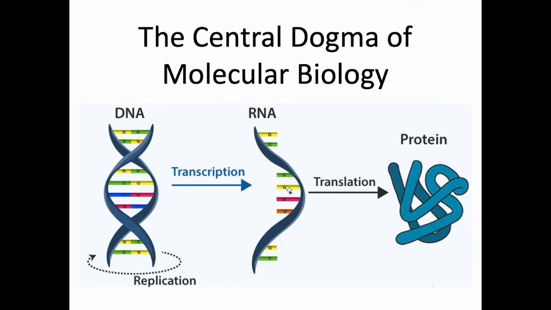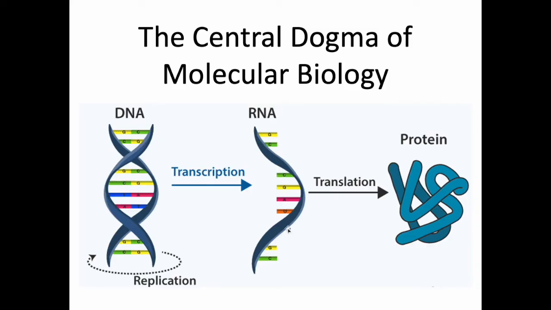This is the flow of information. We are using the information in this molecule as the instructions for how to build this molecule. And the same thing here. We're not morphing RNA into protein. We're not reconstructing or reconfiguring RNA into protein. We are taking the information in RNA and using that as the instructions for how to build this protein.